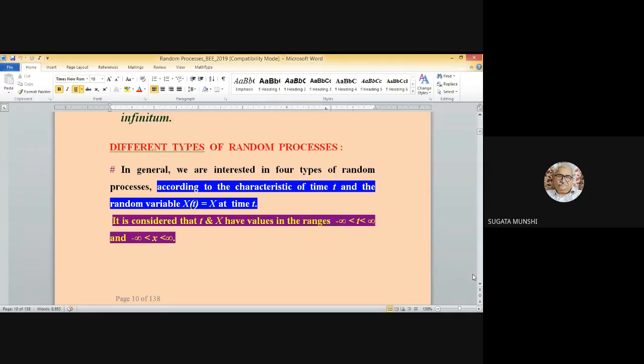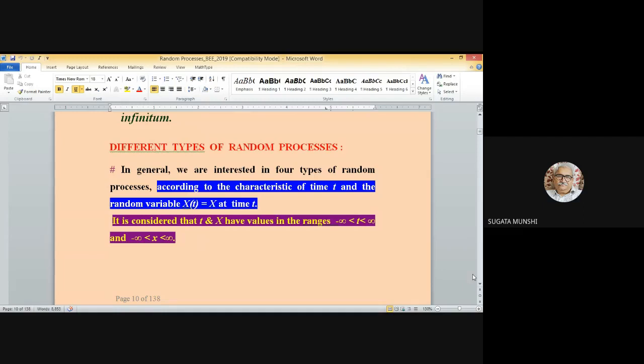This entire collection of sample realizations comes from the same device, or we may say they are the outcome of the same experiment. So this collection of sample realizations is said to constitute the random process.